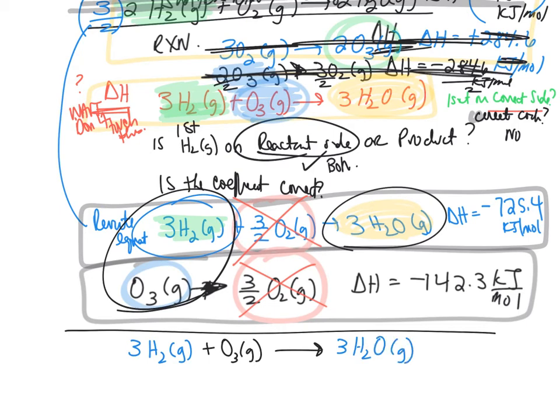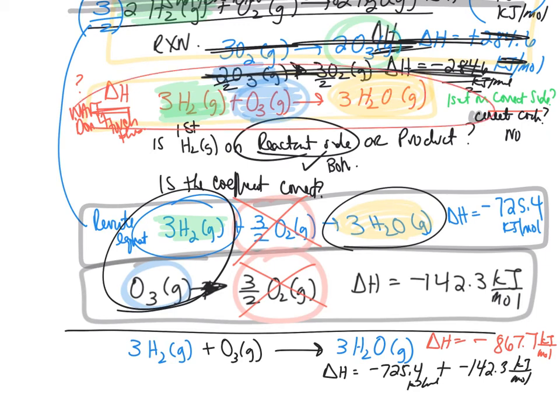And since we total that up, our delta H would be negative 725.4 kilojoules per mole plus a negative 142.3 kilojoules per mole. And so the delta H for this reaction would be, get my calculator out, negative 725.4 plus negative 142.3. Negative 867.7 kilojoules per mole.